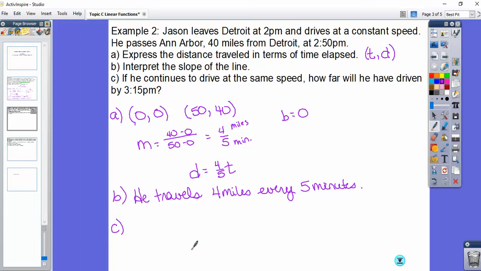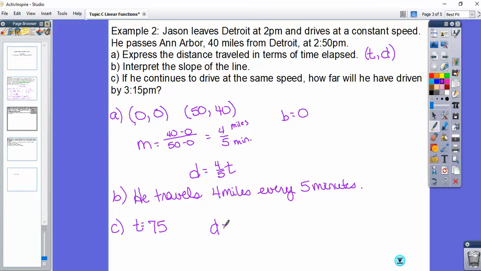Part C, if he continues to drive at the same speed, how far will he have driven by 3:15 p.m.? Since we left our time in terms of minutes, you have to think how much time has elapsed. If we started at 2, then at 3:15, that's an hour and 15 minutes, so our time is 75.